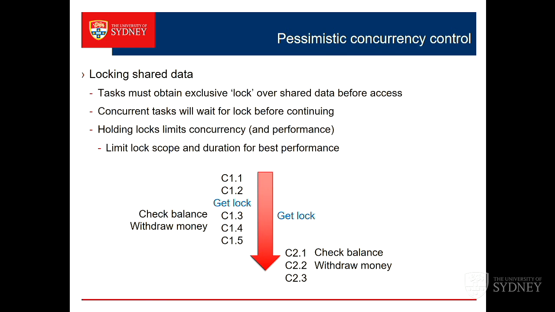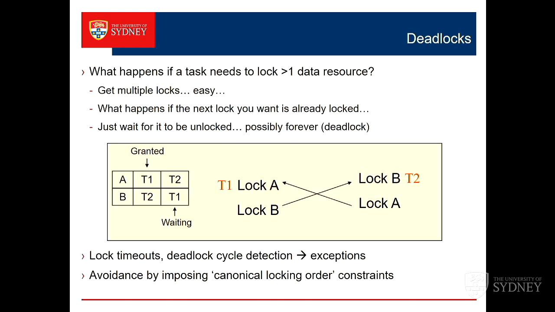But if C2 and C1 were operating on a different account and had no interactions, then both their get locks would succeed and they'd continue on. So I get maximum parallelism. But only when they're interfering will the locks cause them to be shifted in time. Magic. Apart from all the problems.